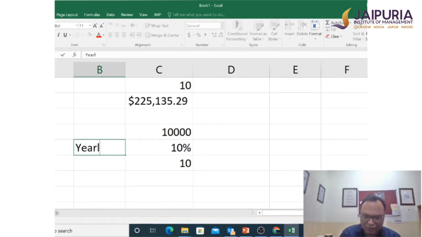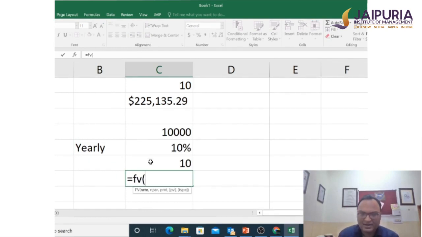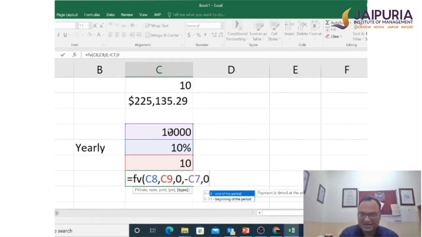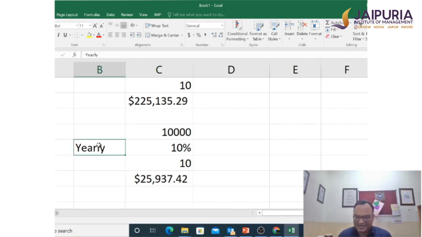So this is an example of yearly compounding. So if yearly compounding is done, it is future value, rate is 10%, NPER is 10 years, PMT is not required at present, present value I'll take negative, and type is taken as 0, and therefore this is the value which is here. This is the case where it is done in yearly mode.